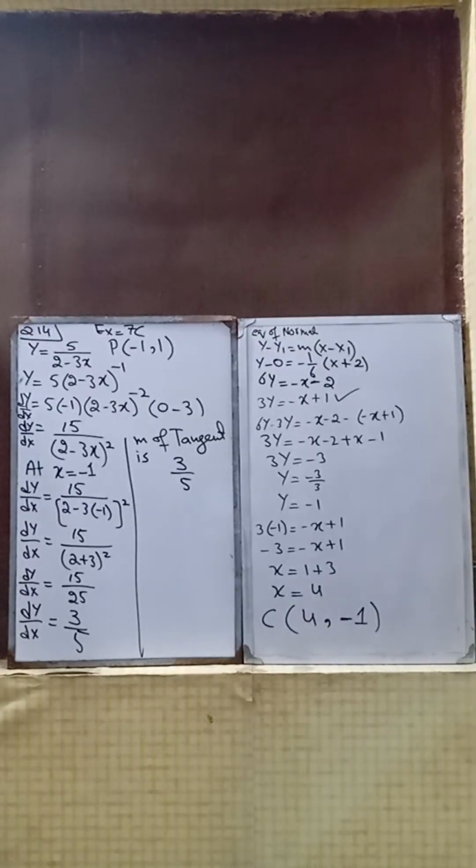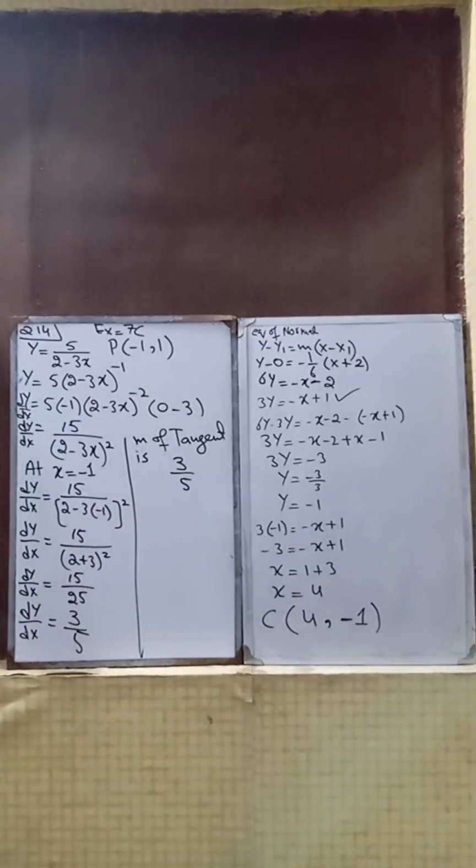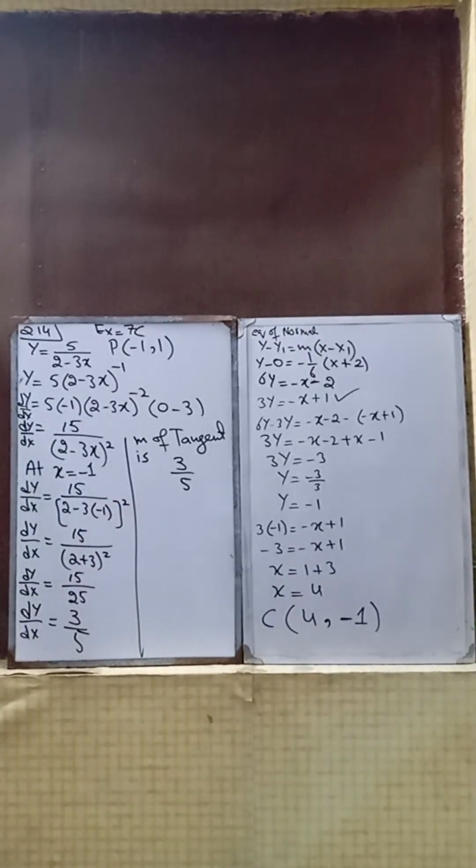Their question is: find the equation of the tangent to the curve at the point P. Okay, so we have to find the equation. I know the gradient of the tangent, and I know this tangent is at the point minus 1, comma 1. I want to find out the equation.